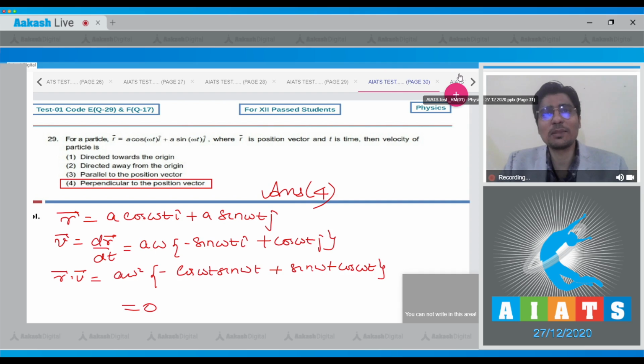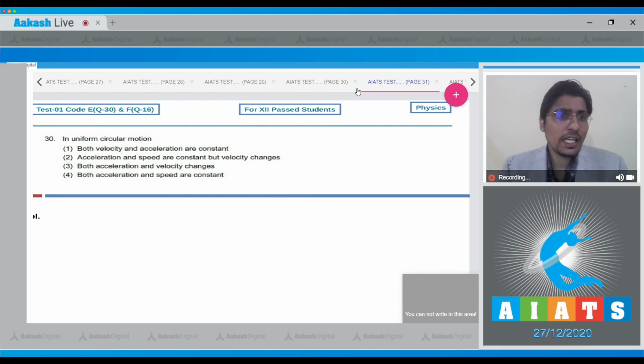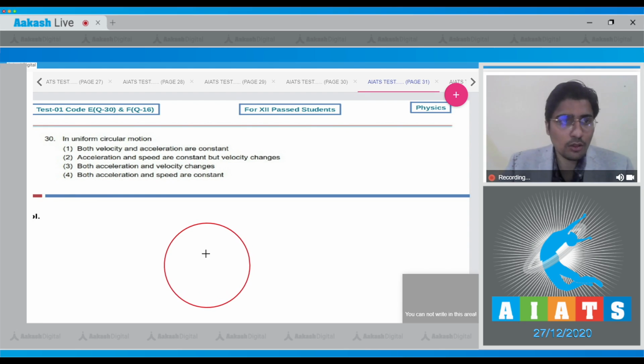Now let us solve the question number 30. In this question, in uniform circular motion, we have to find out whether both velocity and acceleration are constant, or one of them is constant and the other is variable. Dear student, in a uniform circular motion, let this be the circular path, the velocity is always tangential, and hence the direction of the velocity changes at every instant.